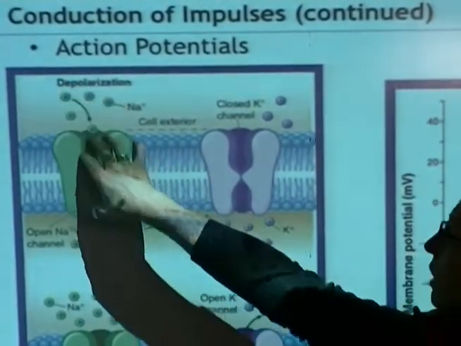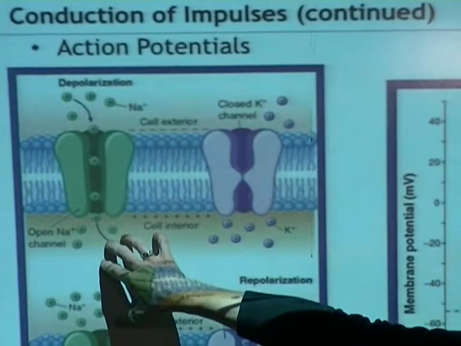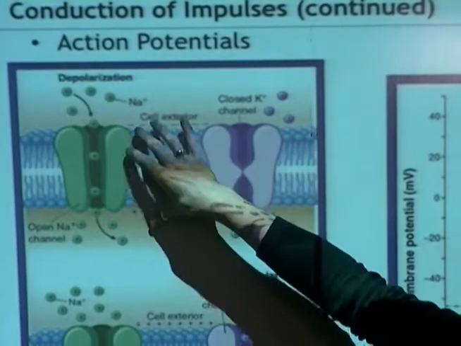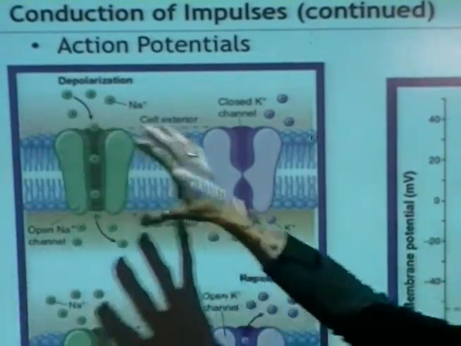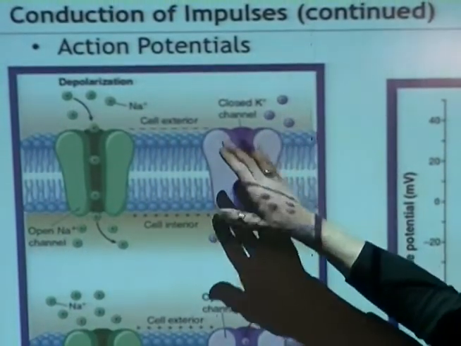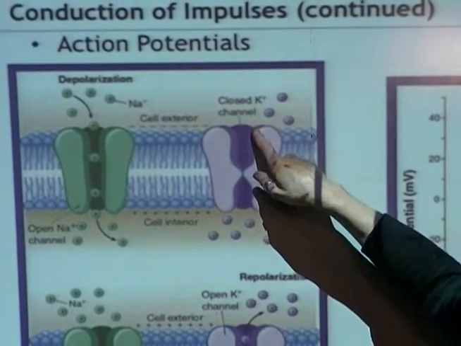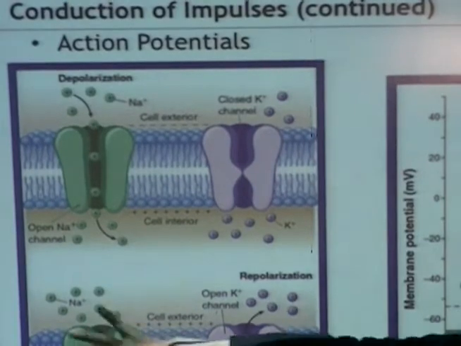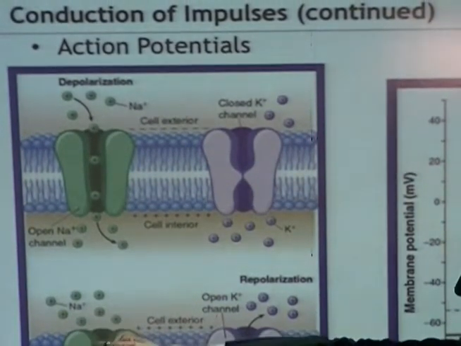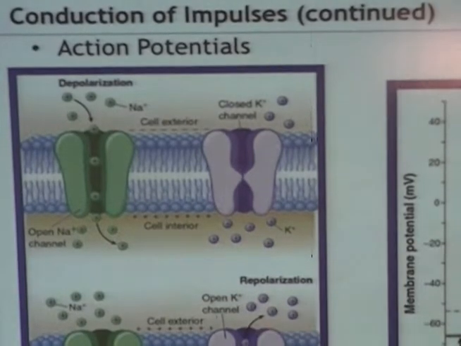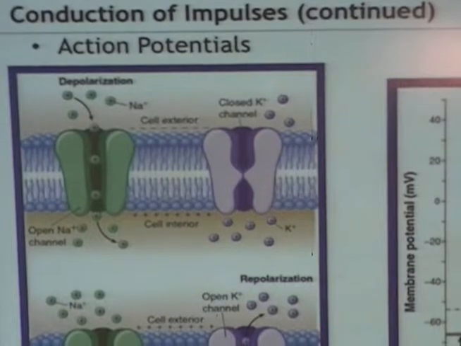So sodium can come through into the cell, change the potential on the membrane. That allows the signal to move along. And then when the signal has to stop, we've got to close the sodium, open the potassium, and move potassium out to regain our minus 70. Okay?